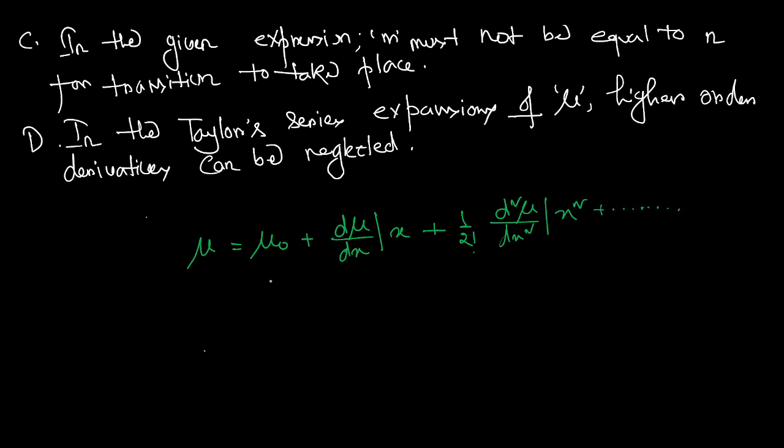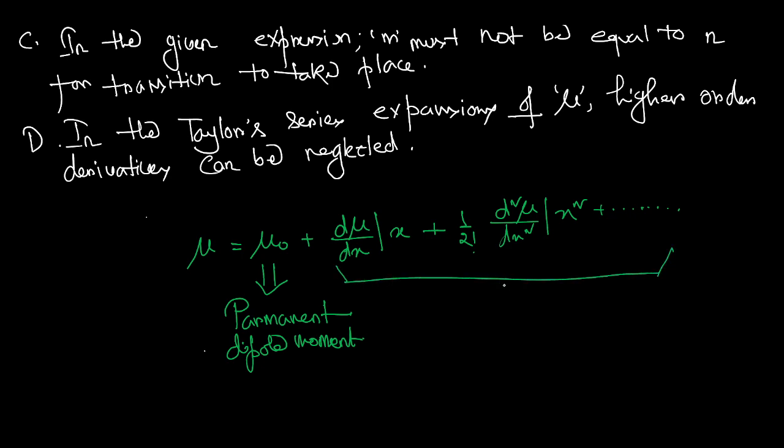Now this mu 0 is the permanent dipole moment, and the rest of the terms are the derivatives of mu with respect to the equilibrium distance of a molecule.